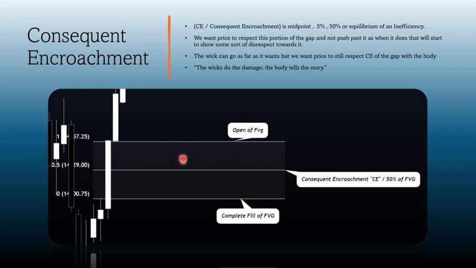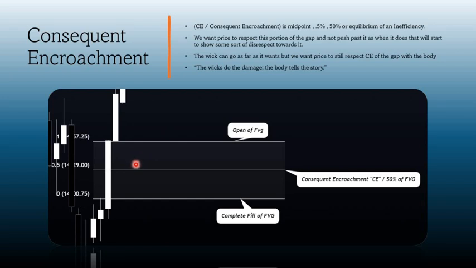And this is important because we want price to respect this portion of the gap and not push past it, as when it does that, it will start to show some sort of disrespect towards it. The wick can go as far as it wants, but we want price to still respect consequent encroachment of the gap with the body. The wicks do the damage, the body tells the story, hence from ICT himself.